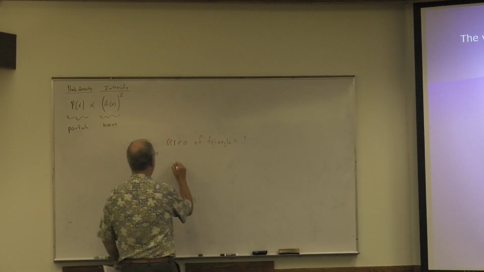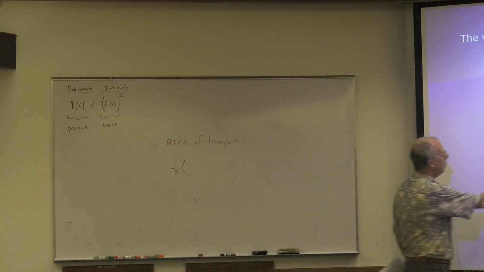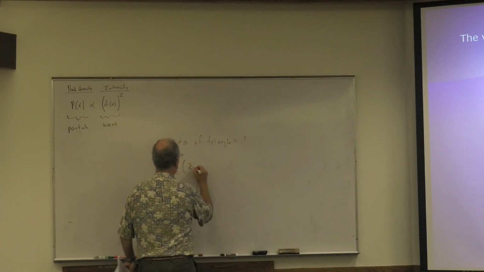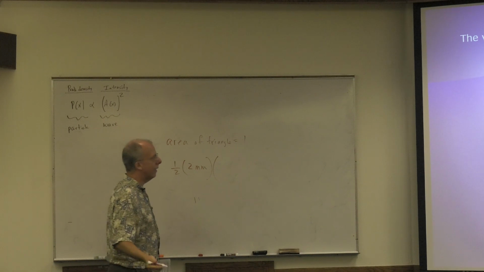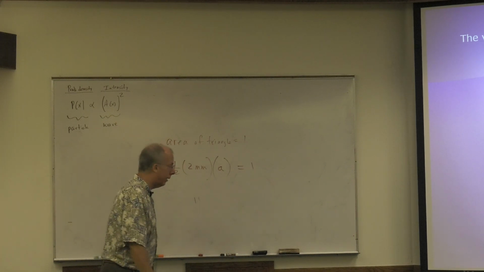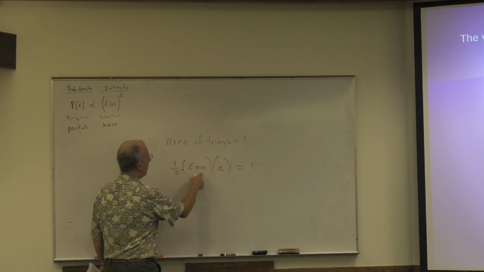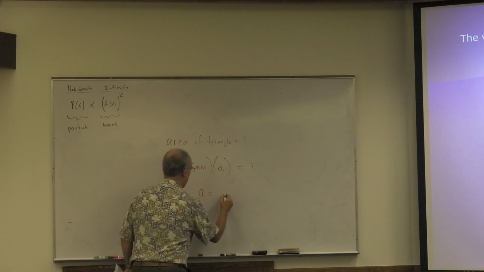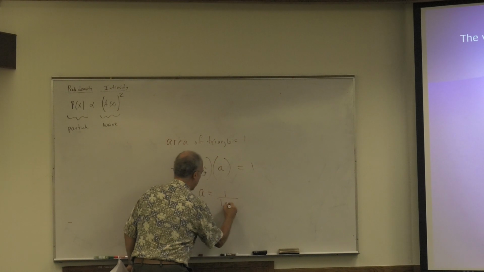So we have 1/2, the base is 2 millimeters, and the height is A, and that has to be 1, okay? So this 2 kills that 2, so I have 1 millimeter times A equals 1. So A equals 1 over 1 millimeter.